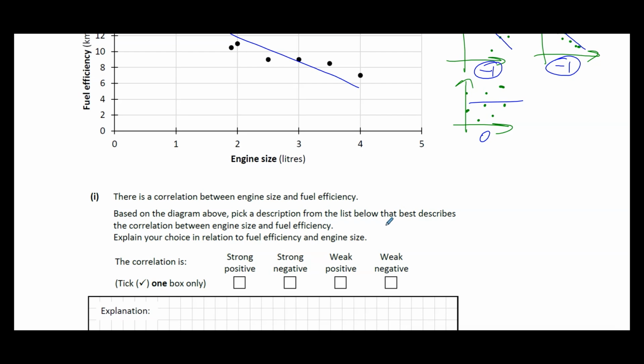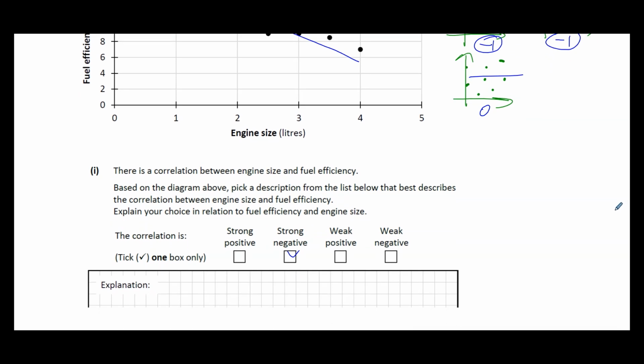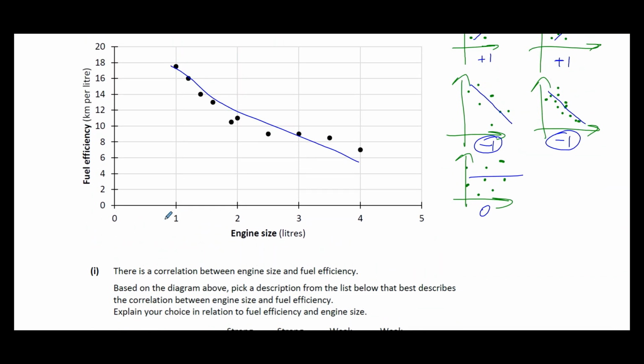Like what we said, it's going down, therefore it's negative, and it is a pretty strong negative. So what is the explanation that we can give in relation to fuel efficiency and engine size? What can we conclude? That the bigger the size of an engine, the more the fuel efficiency goes down, isn't it?